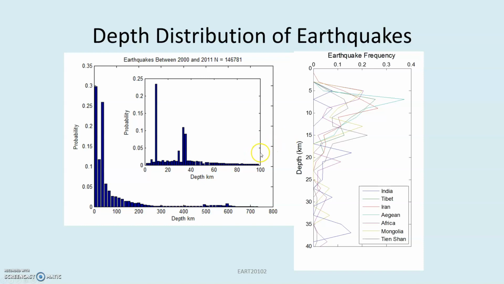So to get a better idea of what the depth distribution of earthquakes is, I've taken this data from another paper in here, and we can see that there's this peak at around 10 kilometers depth, between 10 and 15 kilometers depth, and then we get a gradual decrease in the amount of seismicity, and then in some situations, for instance in India, there is a little bit of a peak at around 35 kilometers, but generally there isn't this peak in the lower crust into the lithospheric mantle.